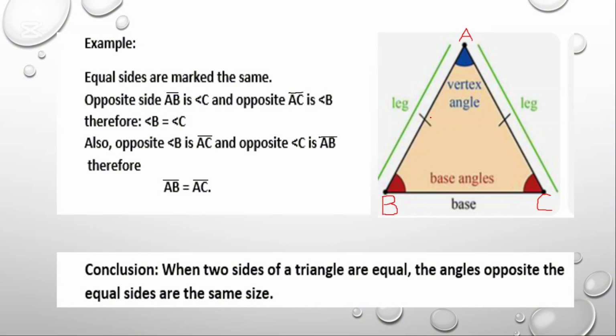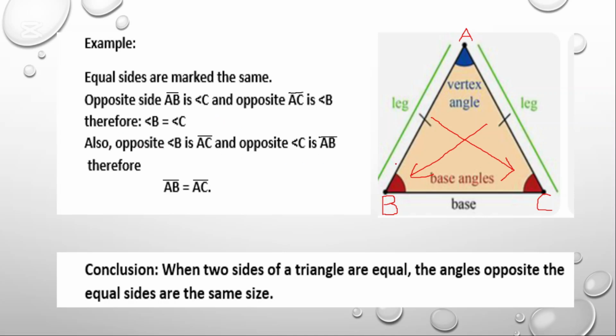Look there. Opposite AB is that angle. Opposite AC is that angle over there. So the two angles opposite the equal sides are equal.